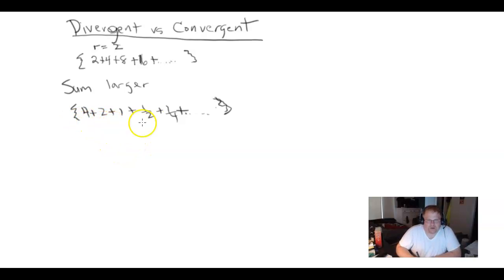So what's going on with this? Well, this is 4 plus 2 plus 1 plus 0.5 plus 0.25, and if we keep going, the next would be 0.125. What is happening with these numbers? They're getting smaller and smaller as we keep going.